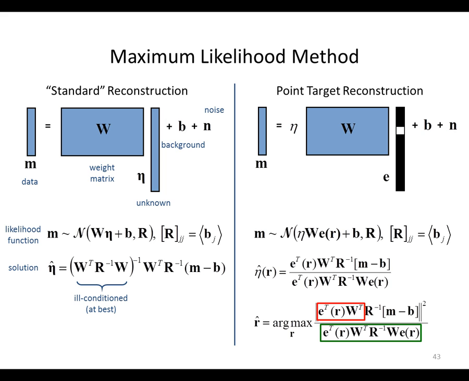When we multiply our weight matrix W by this vector E, all we're doing is simply selecting one column of W. And then on the right here, we have our data, which is weighted by the signal-to-noise ratio, essentially. So what this amounts to is you take each column of your weight matrix, you correlate it with your data. And the one that maximizes that correlation is the one that indicates the location of the cell.